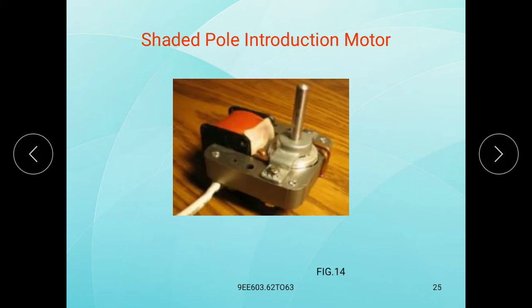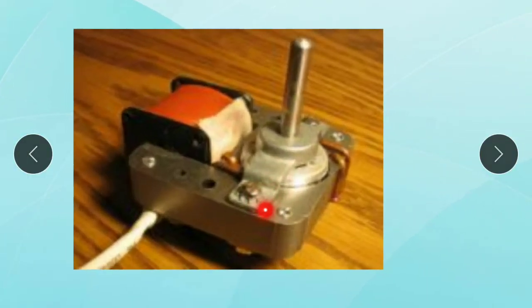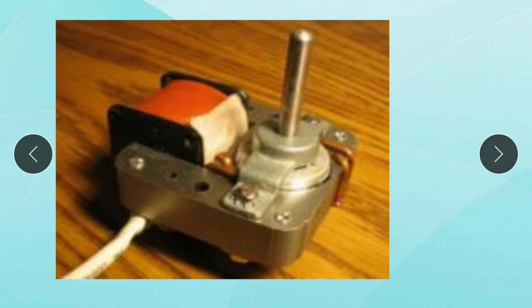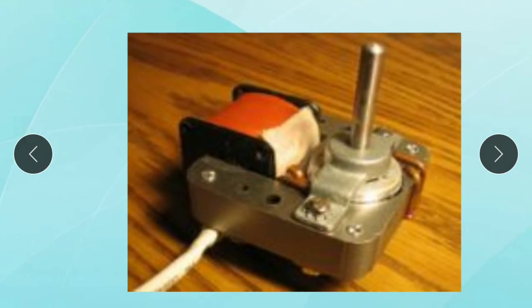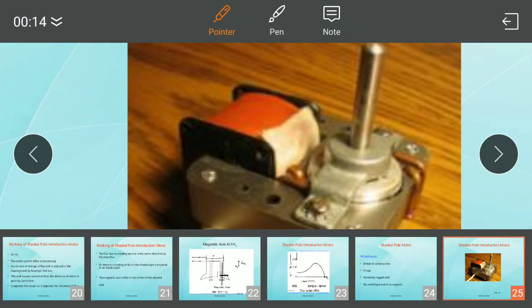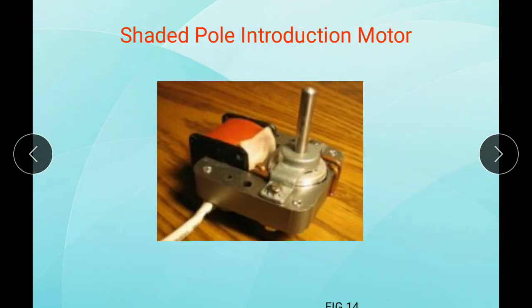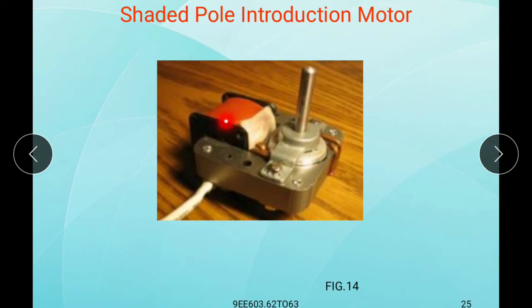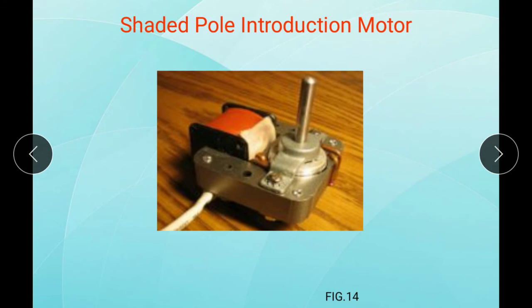So this is the shaded pole motor. See this one, here this is the stator, and this is the rotor. This is the coil, the input supply, and this is the core.